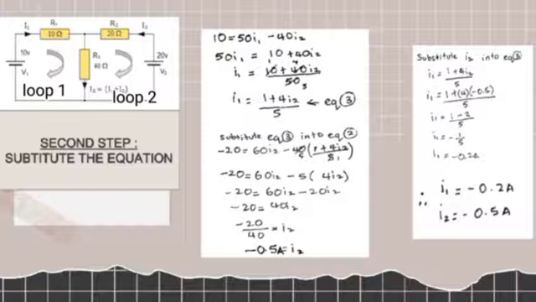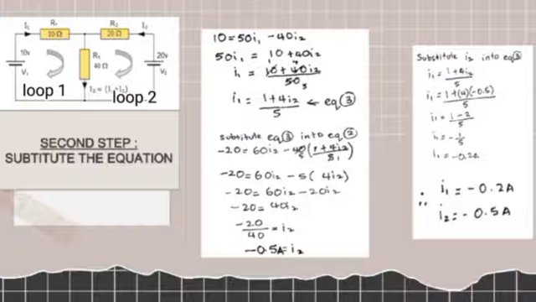After that, we need to substitute equation number 3 into equation number 2. So the equation will be negative 20 equals 60 I2 minus 40 times (1 plus 4 I2) divided by 5. Here the answer will be negative 0.5 ampere for current 2. After that, we substitute I2 into equation 3.